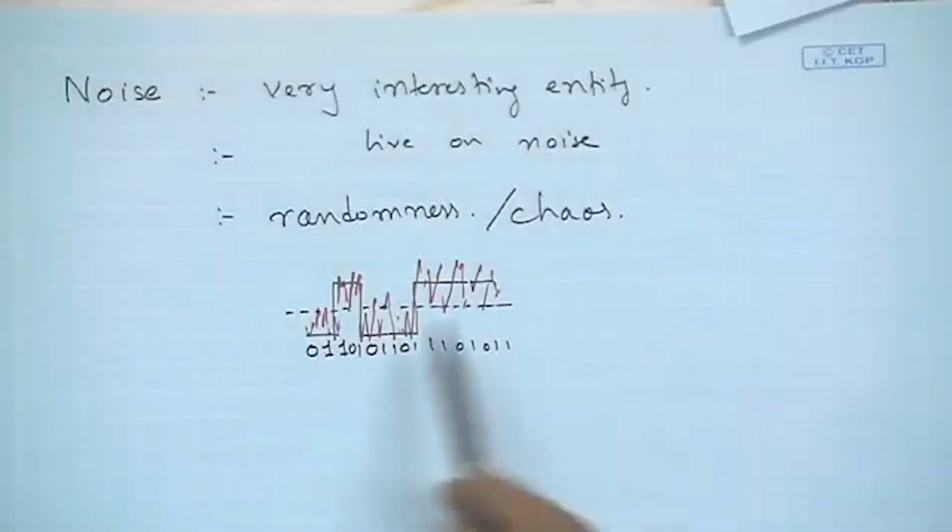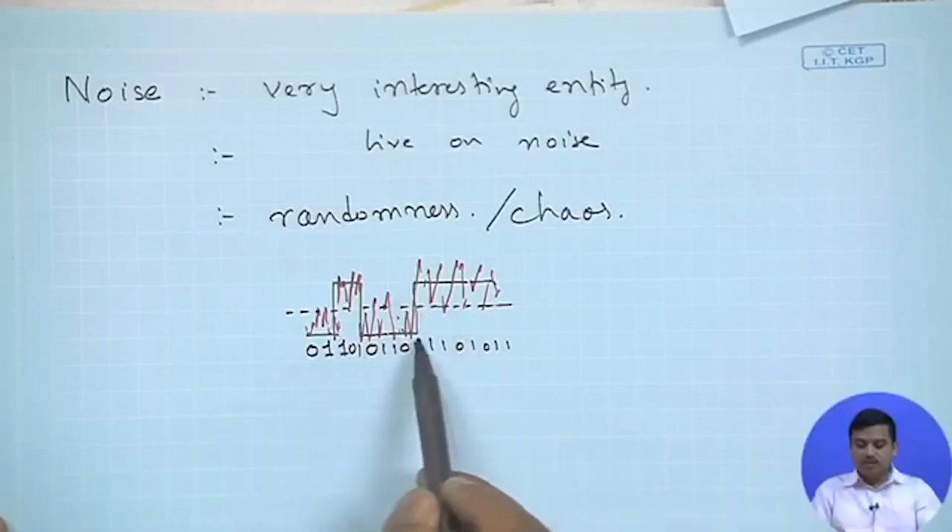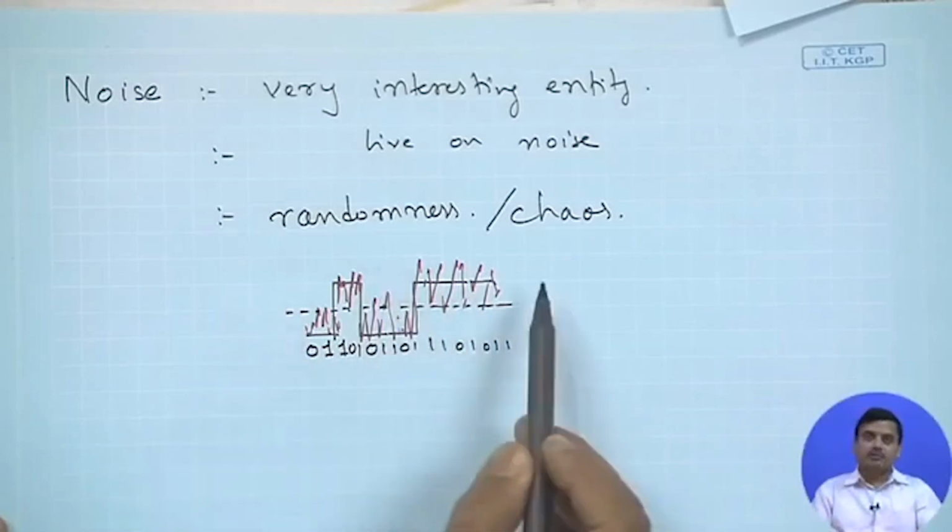Because we don't know, next time when I'm going to send a 0 1 0 0, whether the same pattern of noise is going to come. It's absolutely unknown, nobody knows, right? So we have to be prepared to handle this kind of uncertainty in the system, and that's why we study digital communications, so that we can design an appropriate transmitter and an appropriate receiver, so that we can minimize these kinds of errors, right?